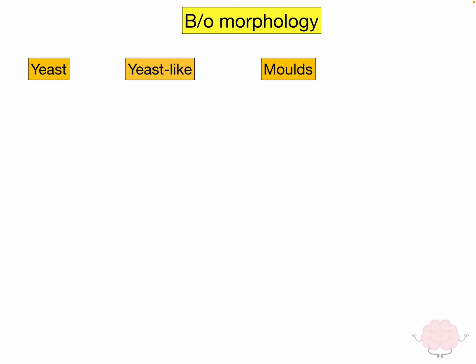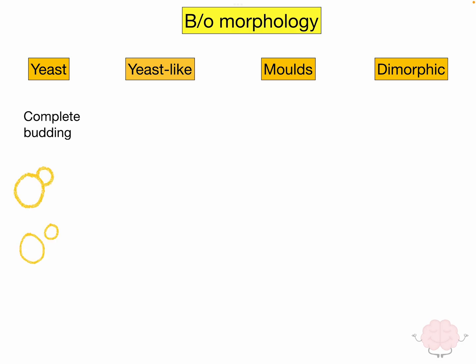Based upon morphology, fungi can be divided into yeast, yeast-like, molds, and dimorphic. Yeasts are the fungi which undergo the asexual mode of reproduction known as budding, and here the budding is complete, meaning the daughter cell separates out from the parent cell and they form two separate cells. This is seen in Cryptococcus, Saccharomyces cerevisiae, and other examples.